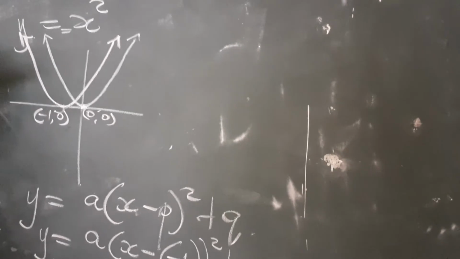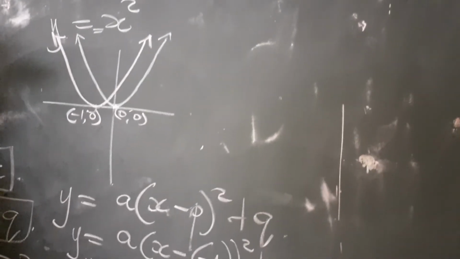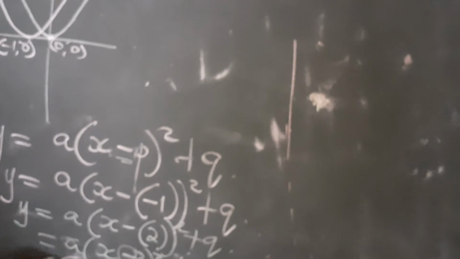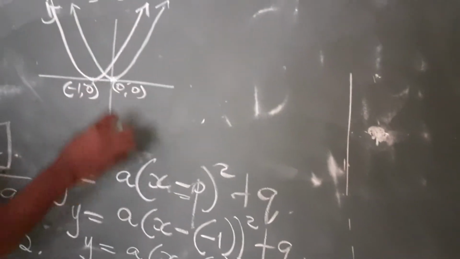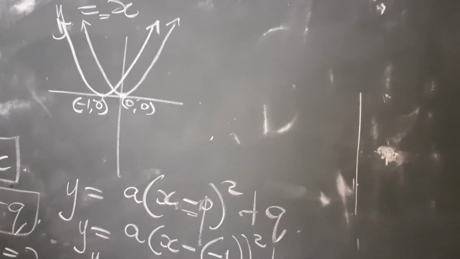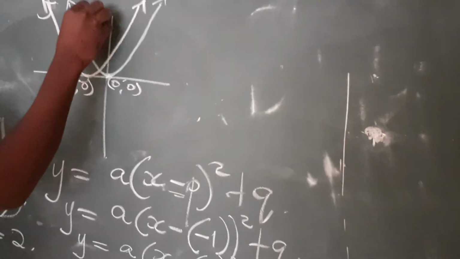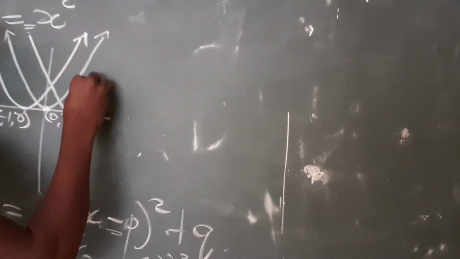They say it shifted 2 units to the right. If it says 2 units to the right, check the sign is negative from the original graph. Therefore, if it is x minus 2, the graph will shift to the right because our p is 2. If it shifts to the right, it will be like this.